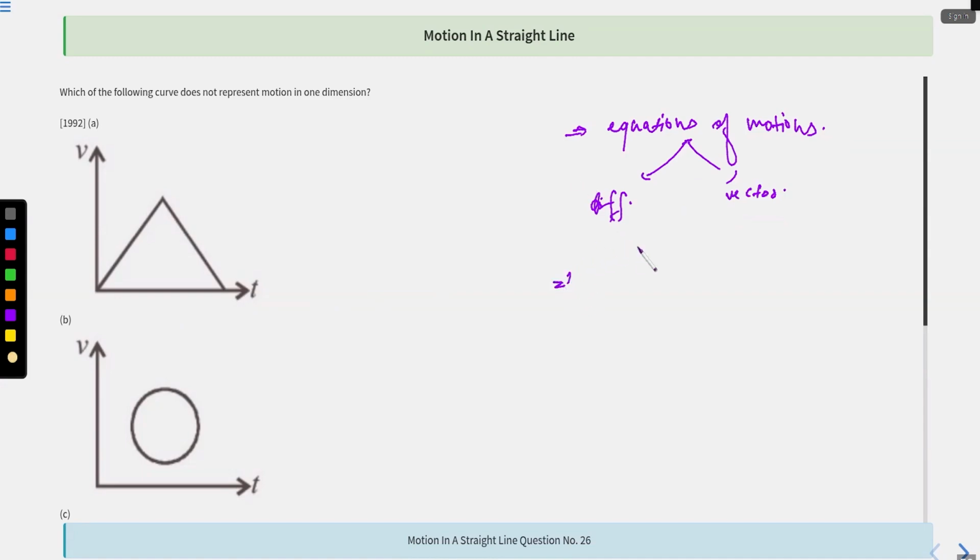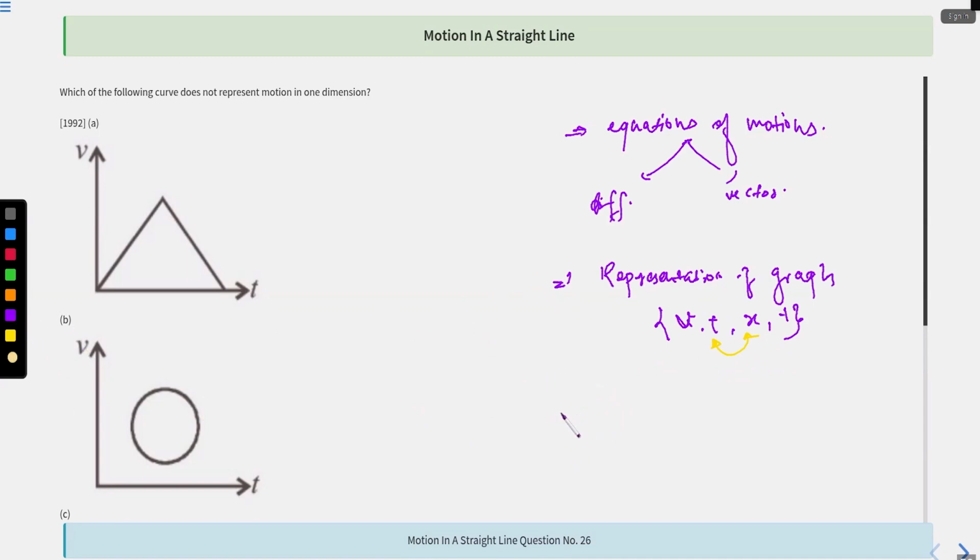Then we discussed the representation of graphs, where we had the vt curve and xt curve. Similarly, you can have at also, and you should know how to do the conversion between the coordinates.